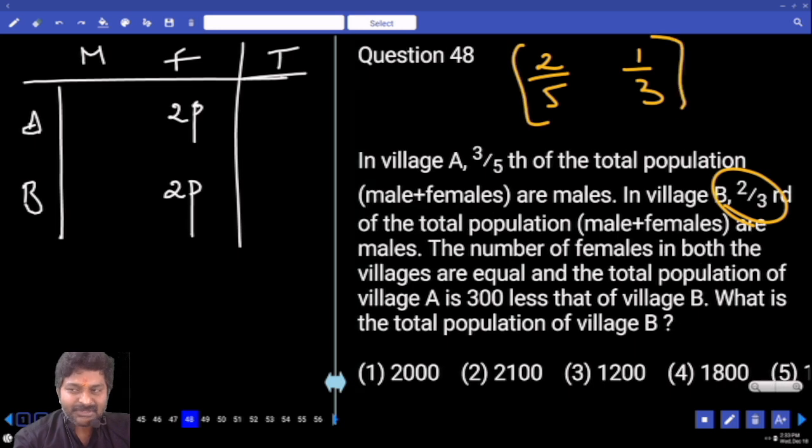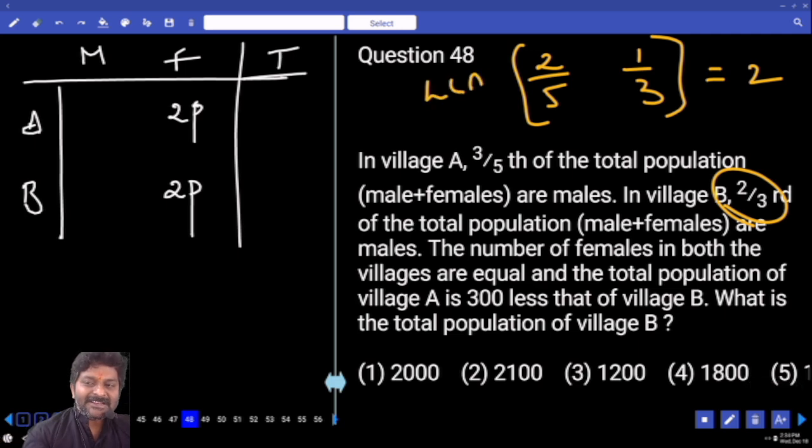LCM of these two numbers. If you want to calculate the LCM of fractions, it is the LCM of numerators divided by the HCF of denominators. For denominators, the HCF is 1 because both are co-prime. Both are prime numbers. LCM is 2.